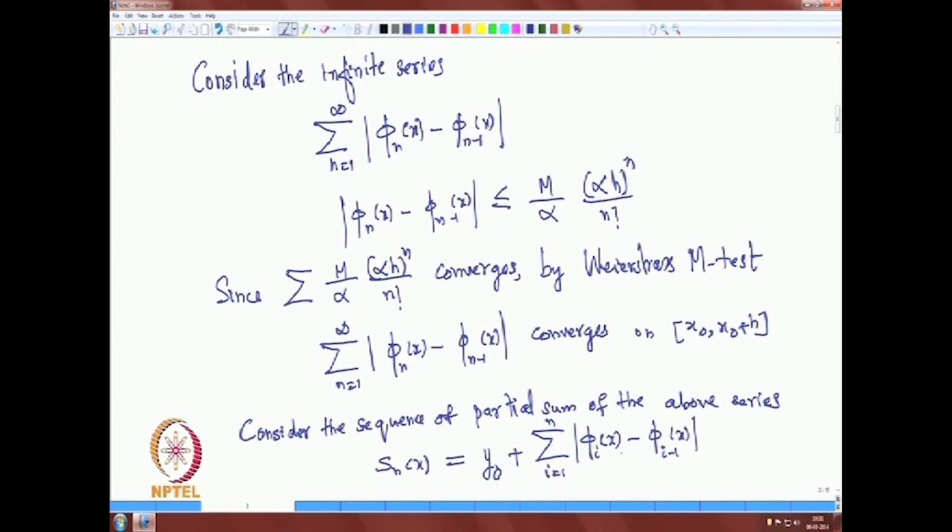If you expand, the plus terms and minus terms cancel each other, and this becomes, by definition, phi n x, which is defined by the Picard's iterative scheme. So phi n x is the partial sum of the infinite series.